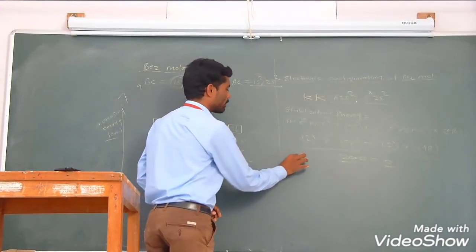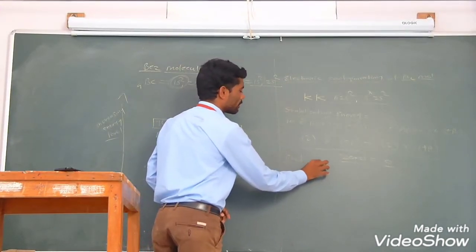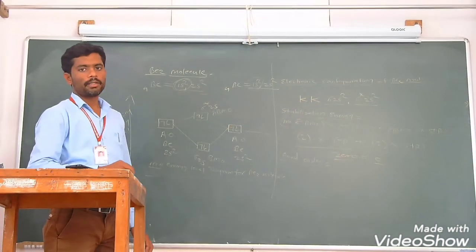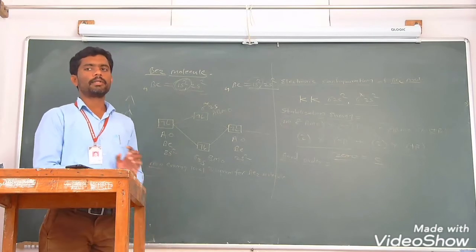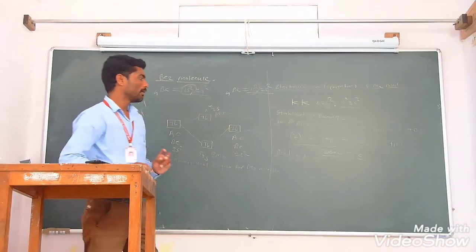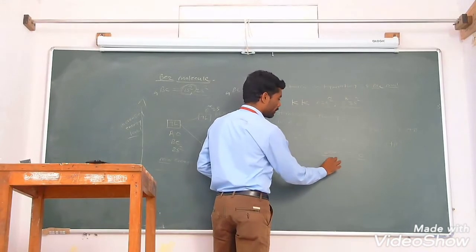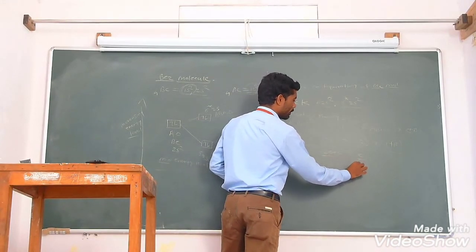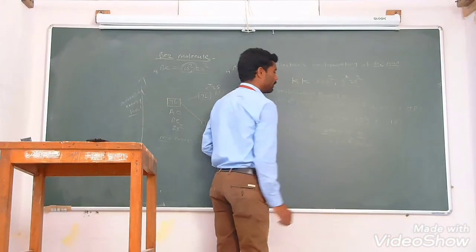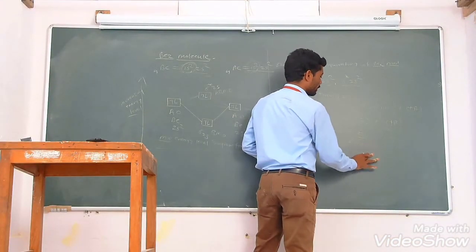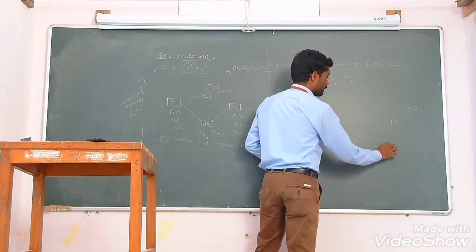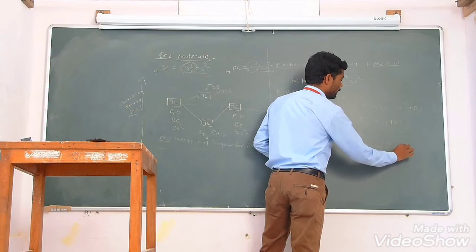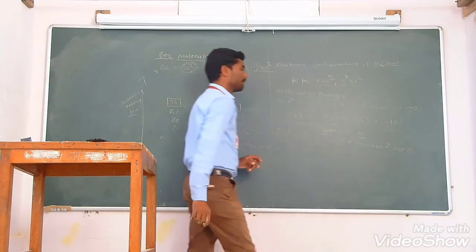Then bond order. The bond order of any molecule can be calculated by using the formula 1/2 times the number of electrons present in the bonding molecular orbital minus the number of electrons present in the antibonding molecular orbitals.